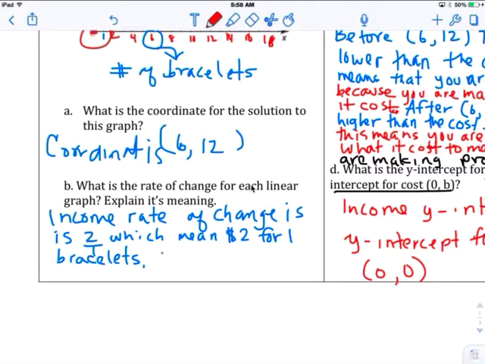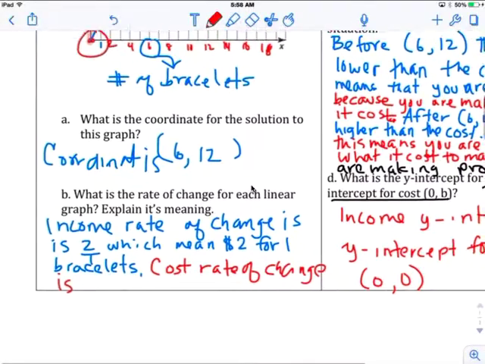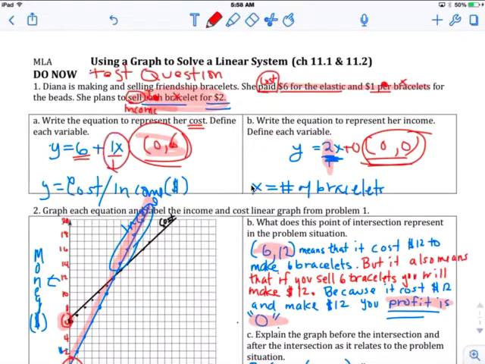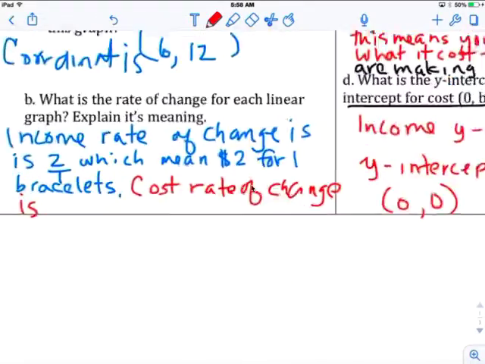Cost, rate of change, is cost. Go back to cost. Here's the rate of change, 1 over 1.